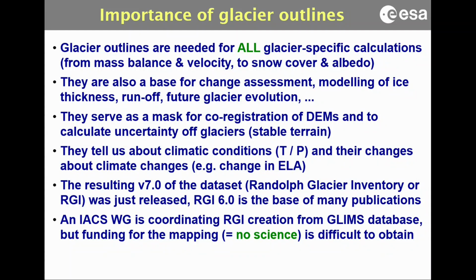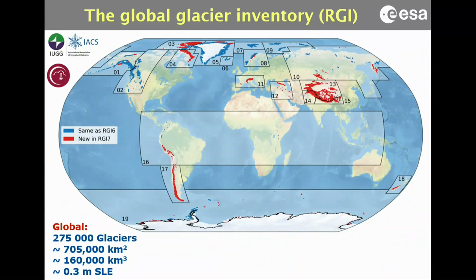So this is then the main reason why it takes so long. These glacier extents, we have them freely available in the database. It's just done step by step and not in a large coordinated effort with lots of money to do it.